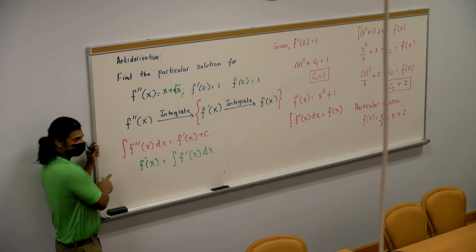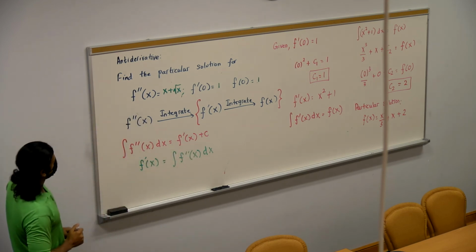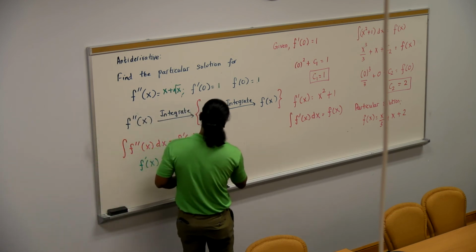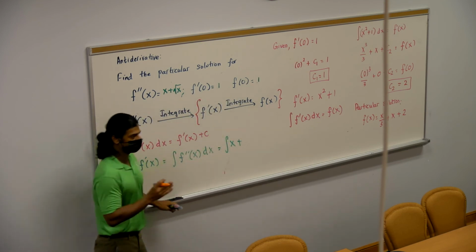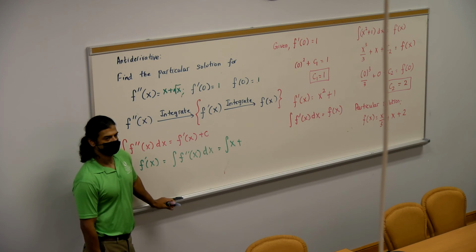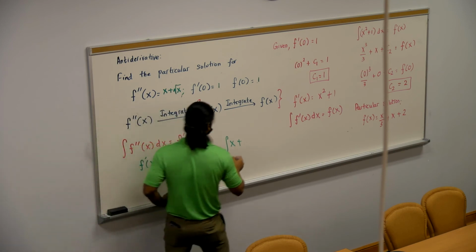How do we find the first derivative? We integrate the second derivative. We have x plus square root of x, and anytime you have square root of x, what should you do? Convert it to an exponent.